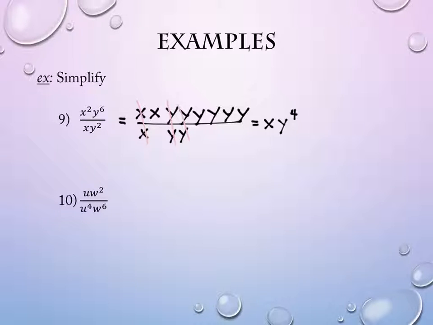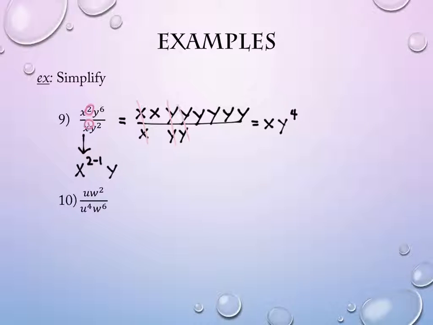Something else you could do, if you want to think about it more from some of the properties that we were looking at, is you could recognize that this is a 2 and there's a 1 right here. That pink is really not dark enough. Let me try a little bit darker color. There's a 1 here and there's a 2 here. So if you're looking at those, you could actually say that I've got 2 minus 1, x to the 2 minus 1.